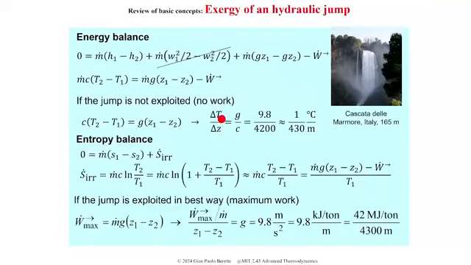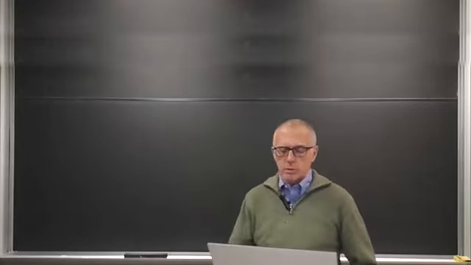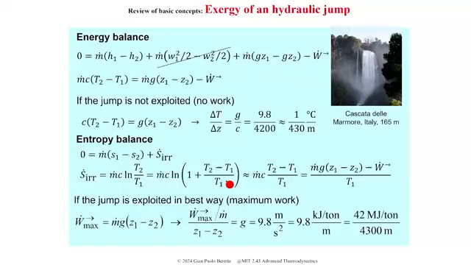And since the temperature increase is small, just 1 degree is small with respect to, say, the absolute temperature, which is like 300 K. So 1 over 300 is small with respect to 1. So you can approximate the logarithm of 1 plus x as x. All right. And so here's the approximation. And you can compute how much entropy is produced by irreversibility if this work is 0.